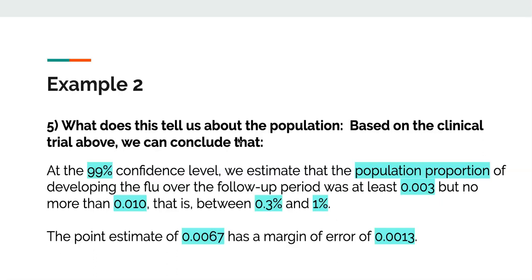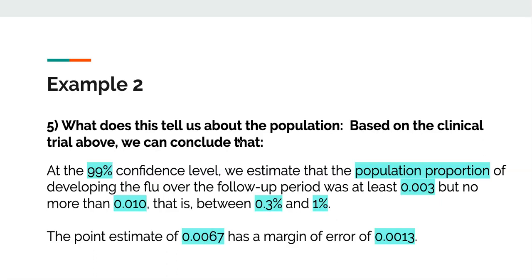All right, let's interpret this, okay? Based on the clinical trial above, we can conclude that at the 99% confidence level, we estimate that the population proportion of developing the flu over the follow-up period was at least 0.003, but no more than 0.010. That is between 0.3% and 1%. It was less than 1%.